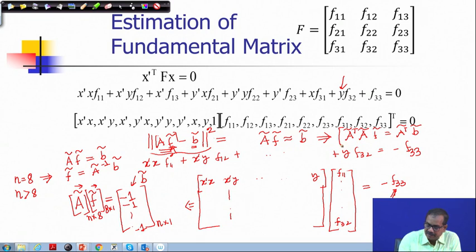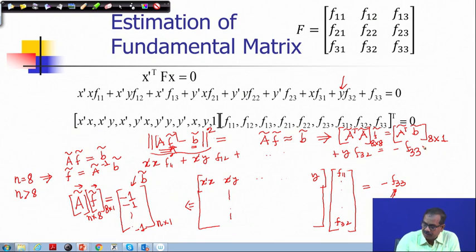So, now you see that this becomes a square matrix. So, this square matrix is in the form of 8 cross 8. A is n cross 8. So, A transpose is 8 cross n into n cross 8, and of course, the whole thing will be 8 cross 1.